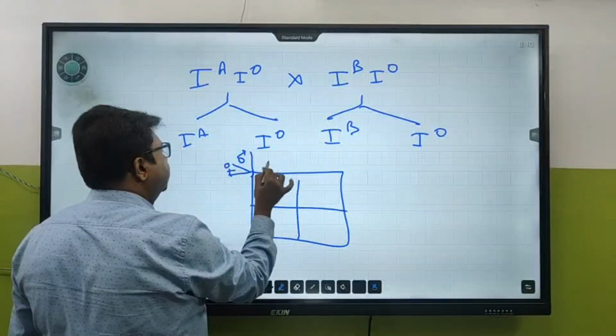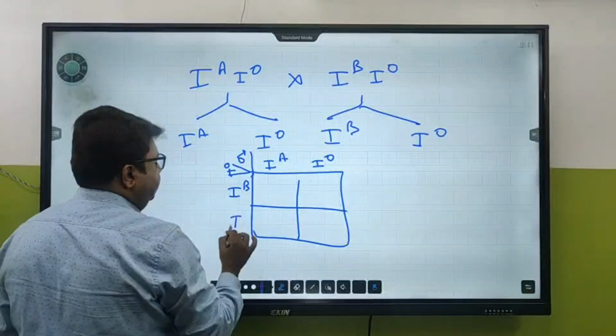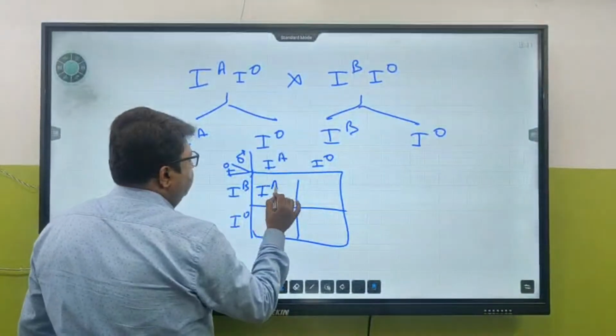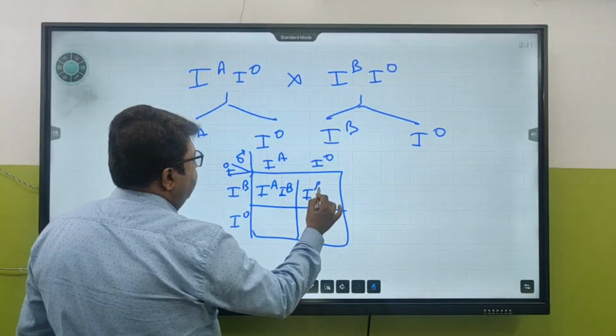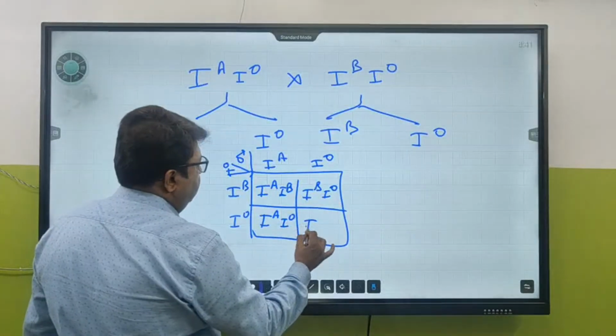If you make this Punnett square, father IAIO, mother IBIO, the individuals are going to have IAIB, IBIO, IAIO and IOIO.